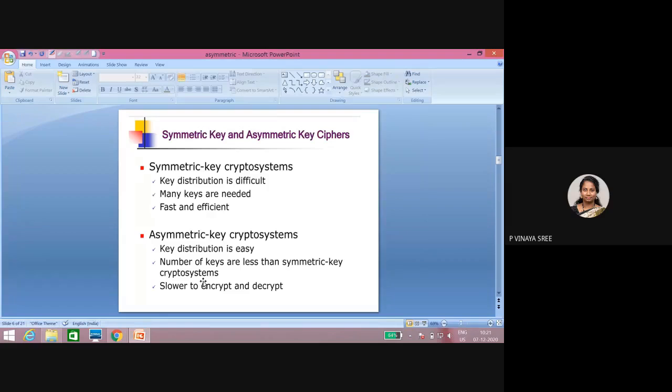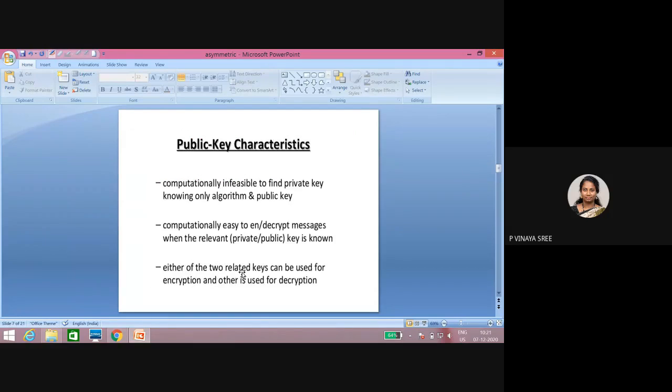When Alice wants to communicate with n number of users, Alice has to create n number of keys personally. If Alice wants to communicate with 1,000 users, Alice has to maintain 1,000 secret keys. That is a problem in symmetric key, and we overcome it in asymmetric key cryptography, but it is slower for encryption and decryption.